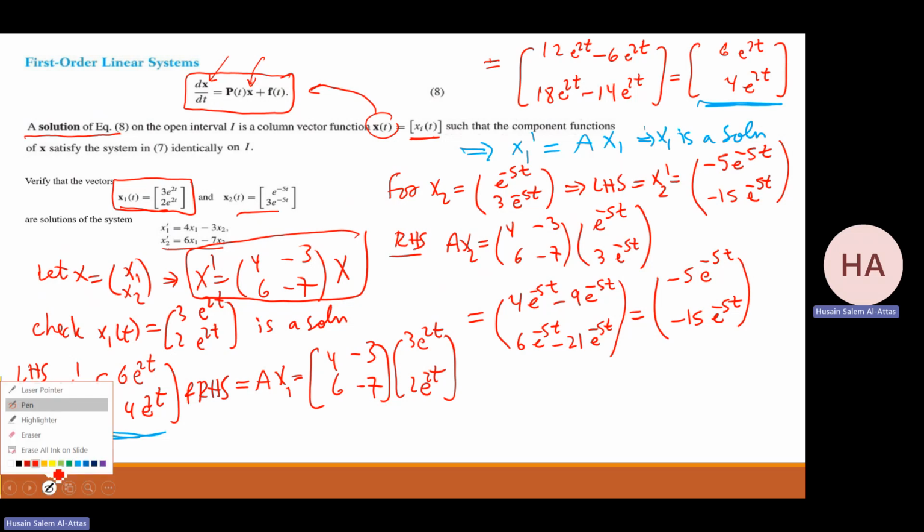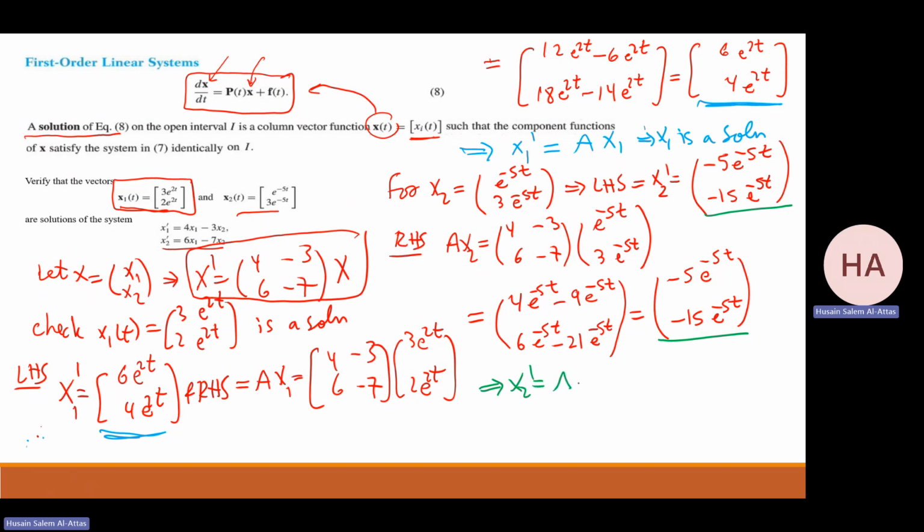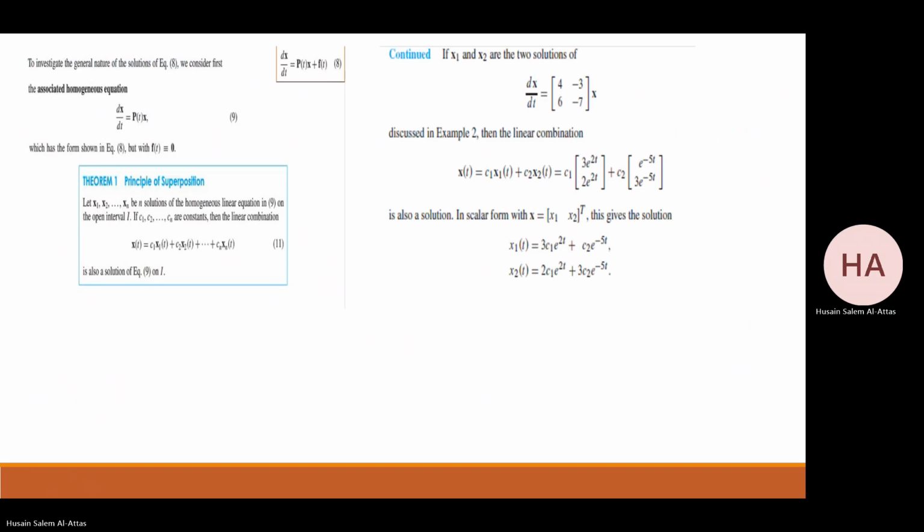Okay, so very clear to me. This is the same as this. So I have x2 prime is A x2. So x2 is a solution.